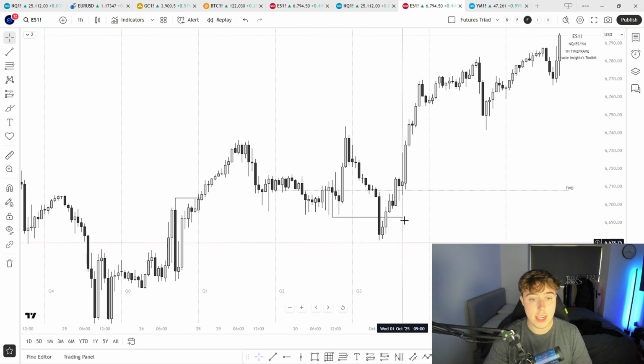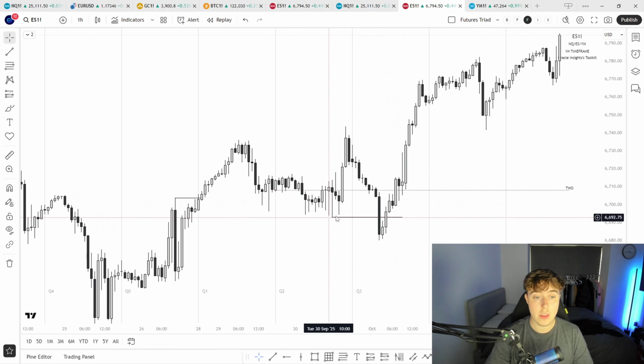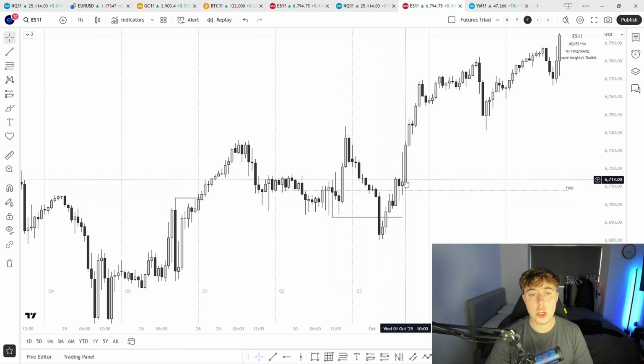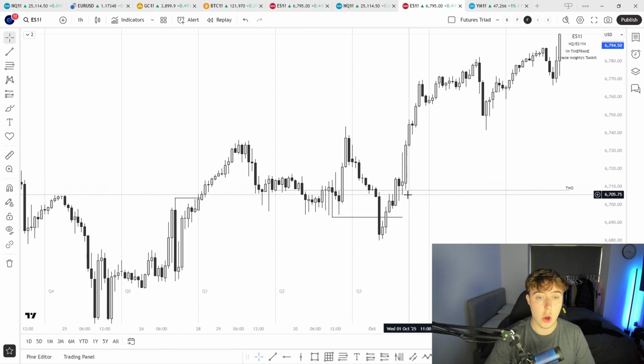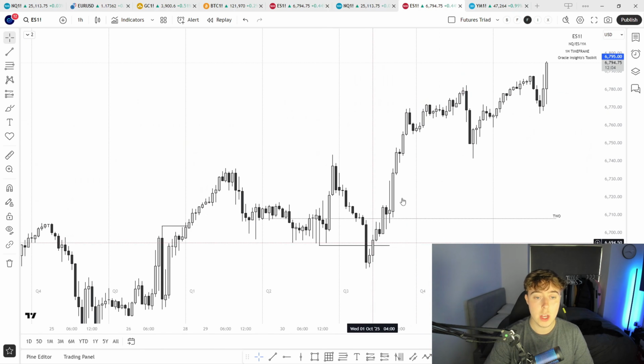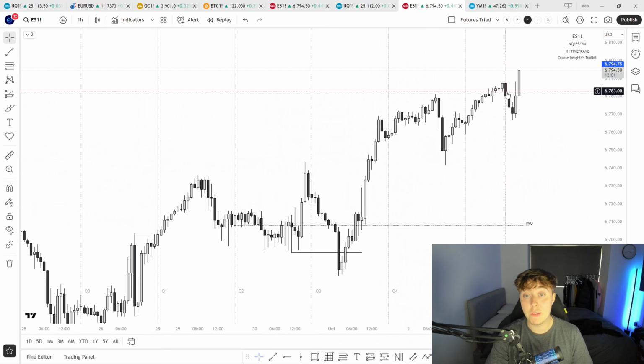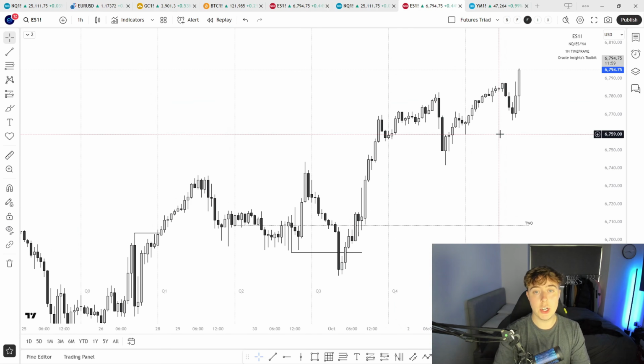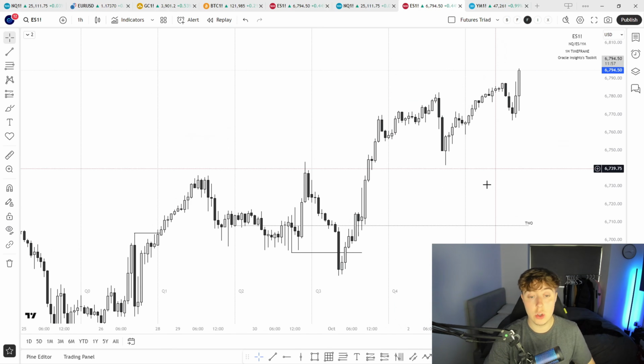And then to confirm that, you can see price aggressively expands away, displaces away from that manipulation, strongly closing back above the true week open, okay? So then, of course, after this, coming into Q4 Thursday, looking for that distribution. And now Friday, either looking for a continuation or a reversal, as we are just at all-time highs.